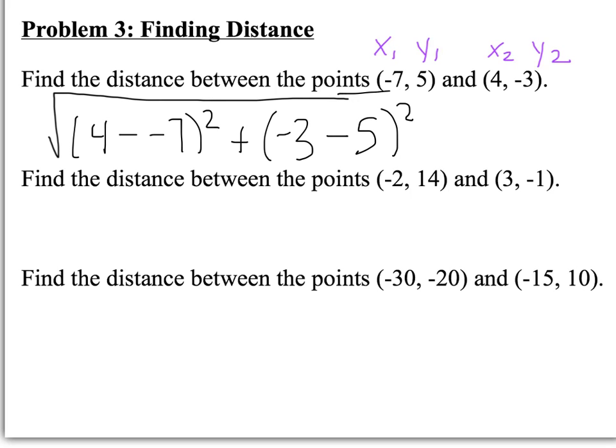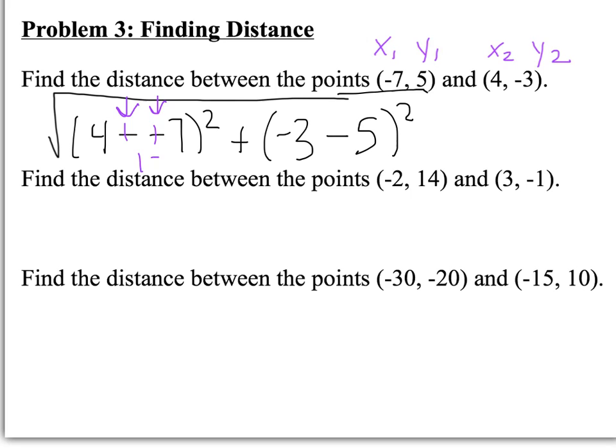Now, something that a lot of people tend to screw up is this should always be a subtraction sign, even if this is a negative number. But when you subtract a negative, that changes to a plus. It changes to the opposite. So now if I solve this, I would have 4 plus 7, which is equal to 11 squared.